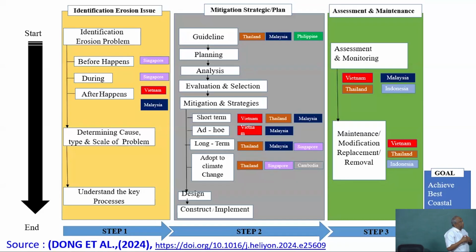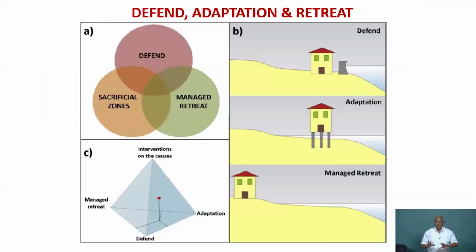Assessment and monitoring is very important, which for several coasts, after the protection measure, is forgotten. For example, for assessment and monitoring, I'll again take the problem of the North Chennai area, which we had been following and doing some work on, and I will present that case study later.